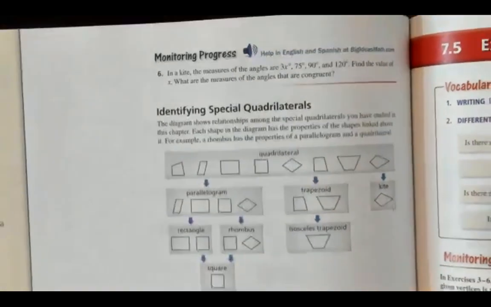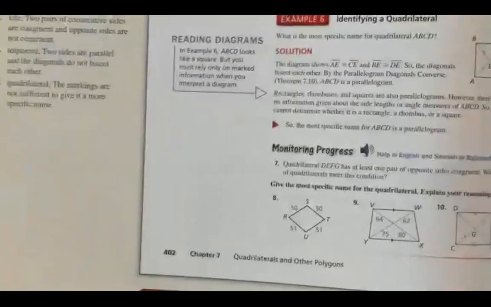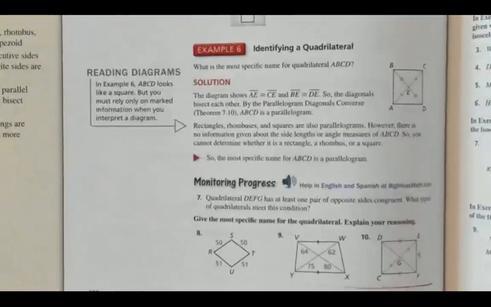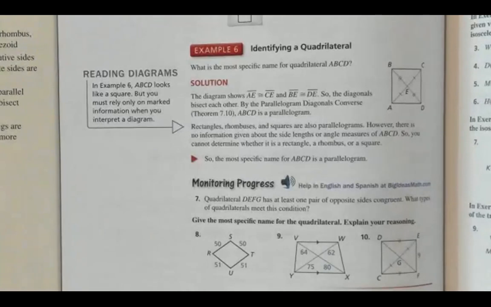All right, let's look at a couple more here. Actually, let's do these. Okay. Example 6 says, what is the most specific name for quadrilateral ABCD? Okay. So let's look and see what we have. Do we have any sides marked congruent? No. Do we have any angles marked congruent?